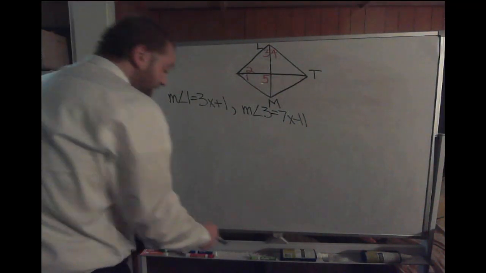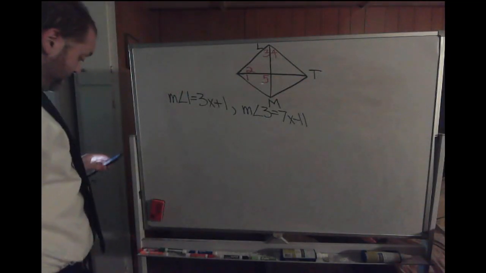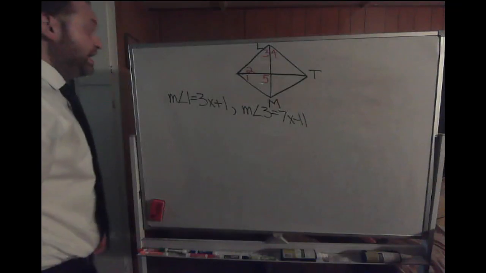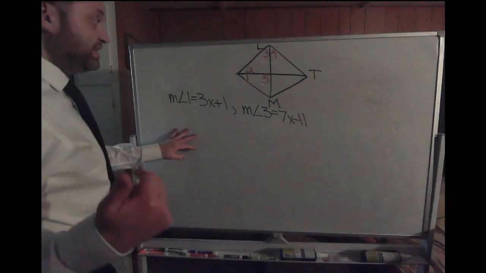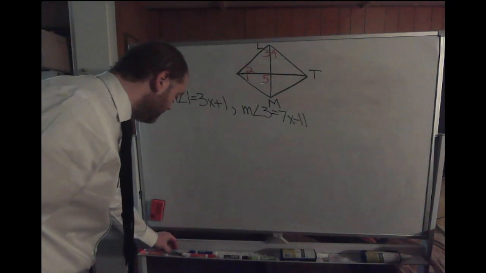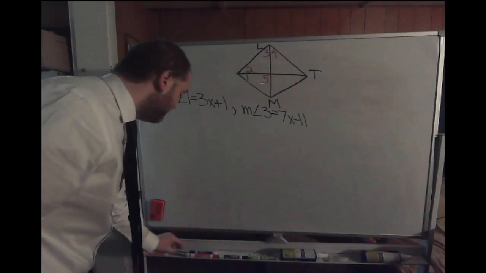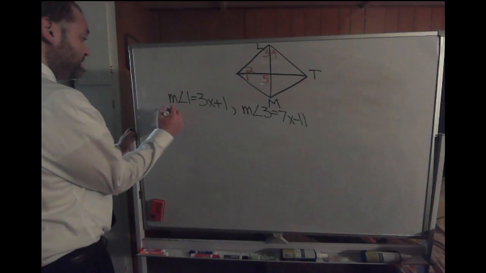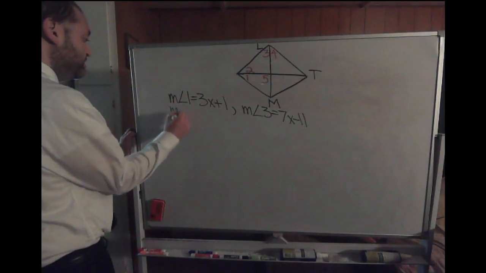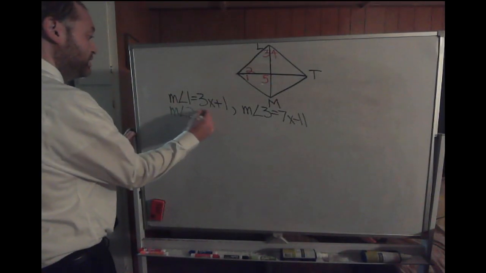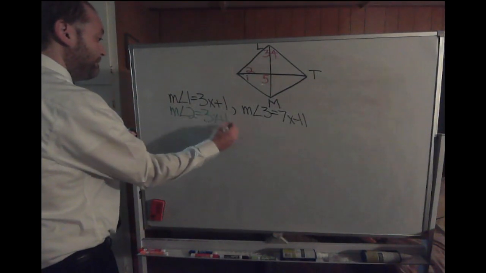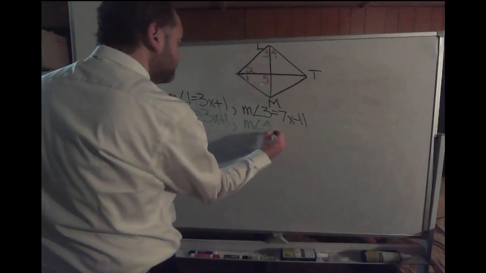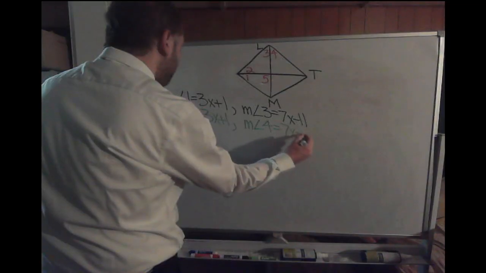Well, this again actually isn't going to be that bad, because all we have now is just like the last exercise. We know that the diagonals of a rhombus bisect each other, right? So that means that the measure of angle 2 would also equal 3x plus 1, and that the measure of angle 4 would also equal 7x minus 11.